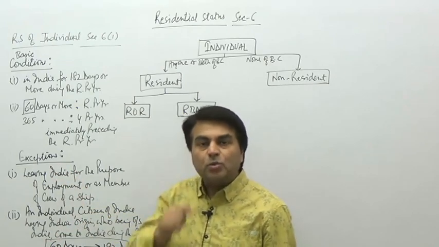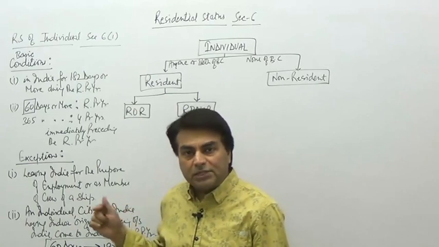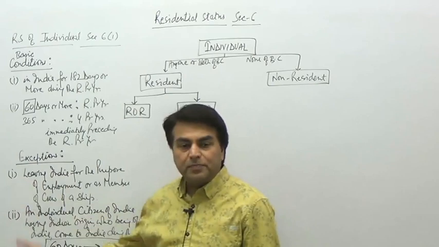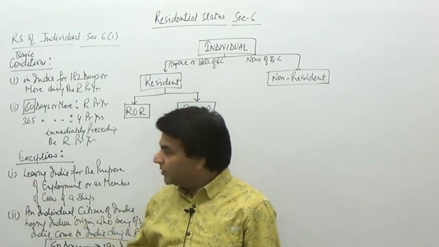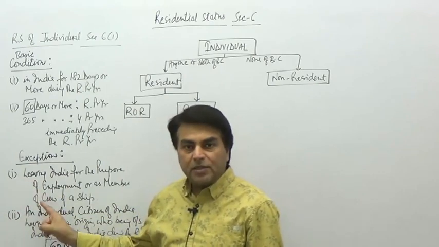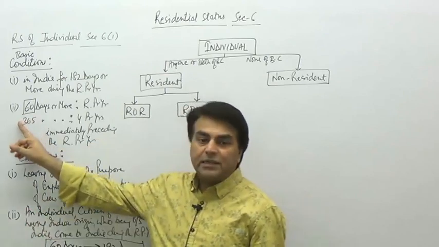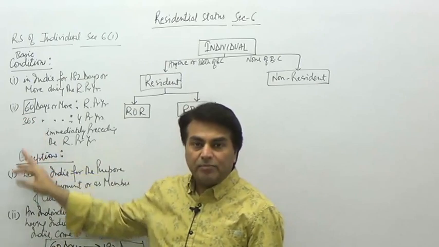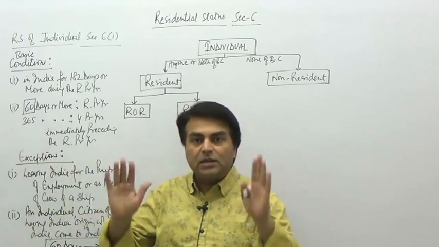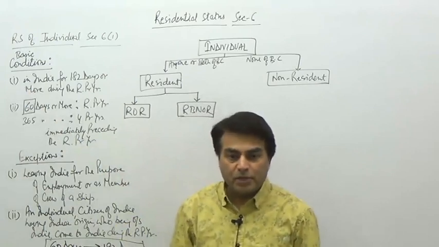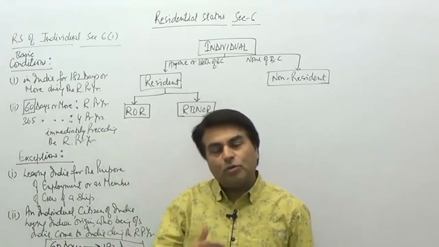The final consequential impact of this change is that for the individuals getting covered under exceptions, there would not be any second condition. For them there is just one single condition, which is condition number 1. Okay, and this you would come to know on your own.